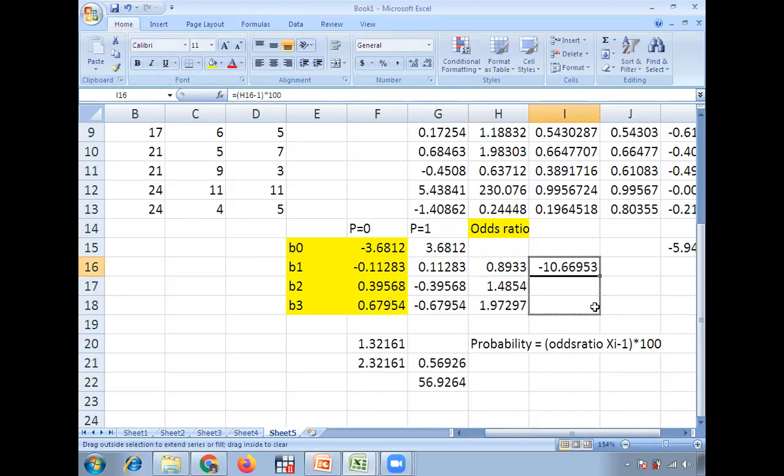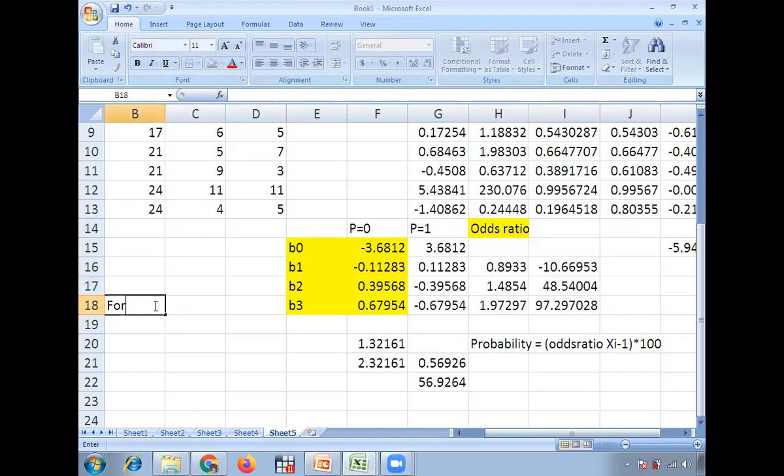Minus 10. Okay. Here you can see minus 10.66, 48.54, 97.29. You can say for every 1 unit increase in X1, the probability of the farmer adopting technology gets reduced by 10%, or 10.66%.